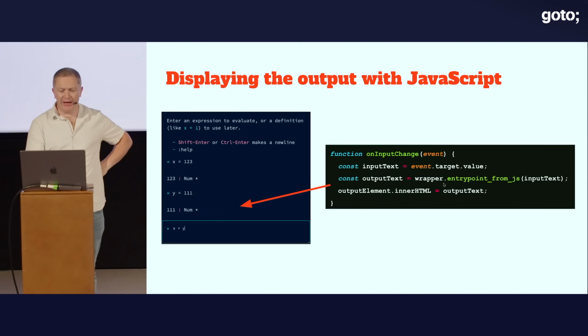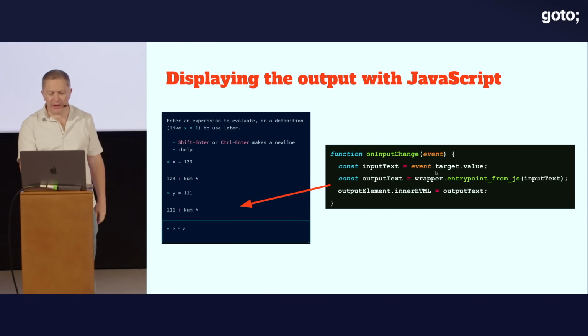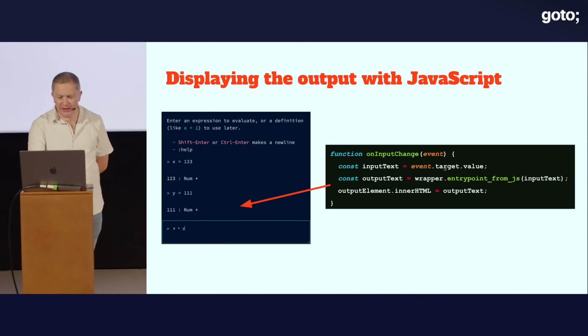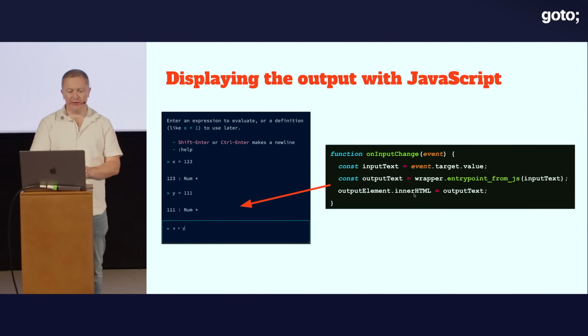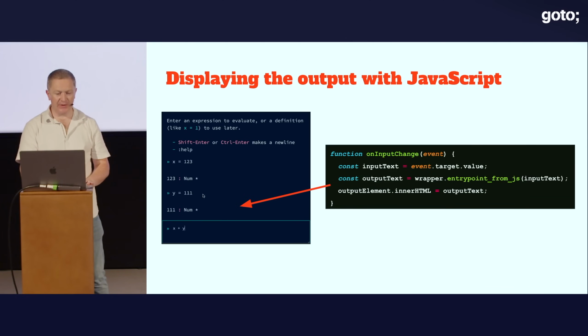So here's the onInputChange function that we looked at earlier. We are, again, still just grabbing the input string, the input text from the event, calling our wrapped entry point with the text, getting some text back, and just shoving that into the inner HTML of some output element that we've got on our display area here.